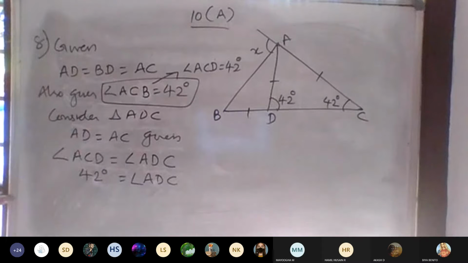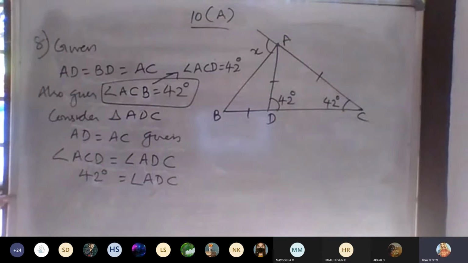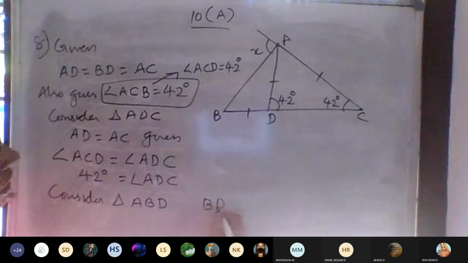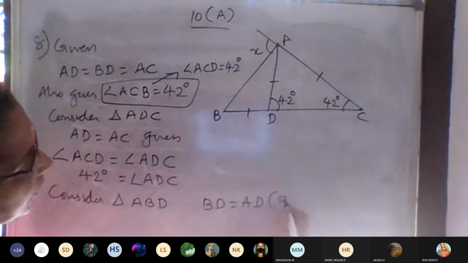Next, we have to reach vertex A. How can we? Consider triangle ABD. BD is equal to AD, given.